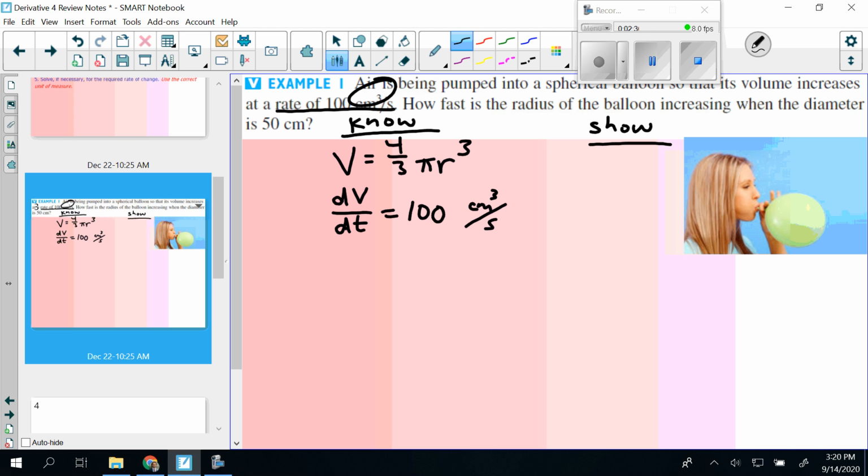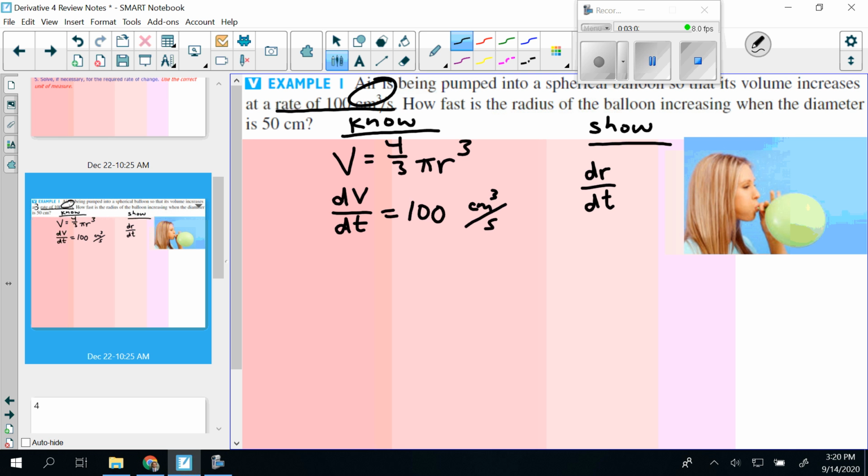All right, how fast is the radius of the balloon increasing? That's the question, and that's over here in our show category. That's a rate. So what we want to find out is the change in the radius, how fast is the radius changing with respect to time?